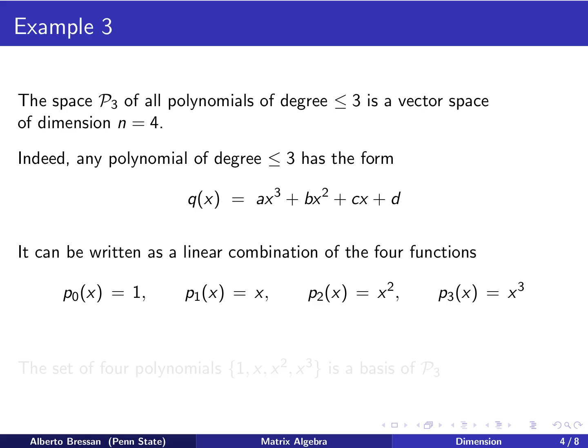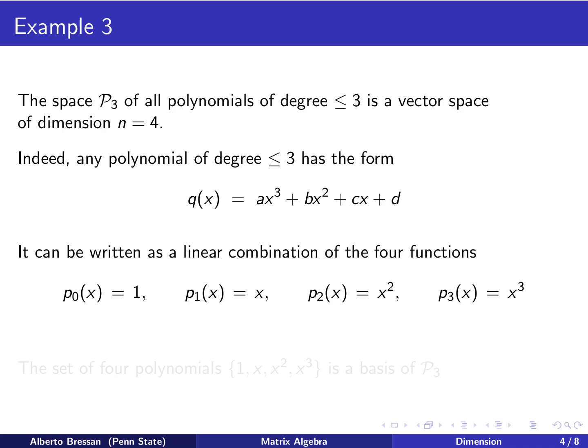So we see that there are 4 parameters, and we can again do the same thing as we have done. Letting d be 1 and a, b, c be 0, we get this function. Let's call it p0. It's a polynomial.